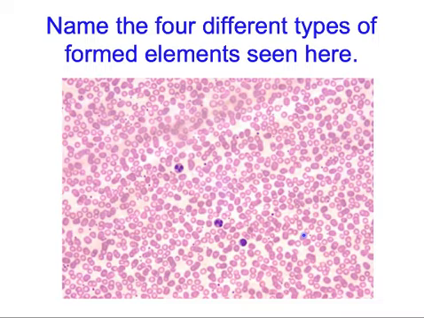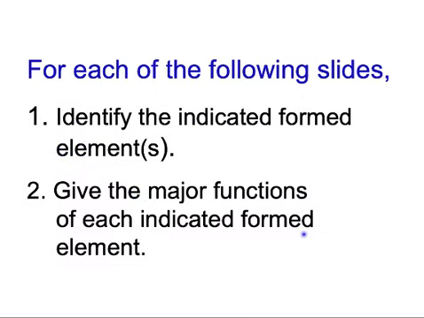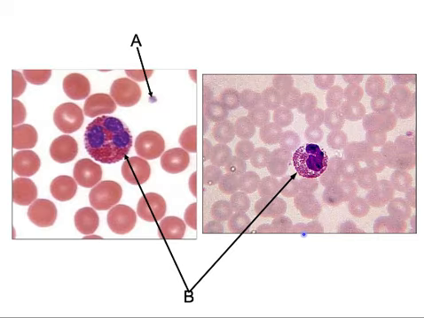So let's ID the cell and talk about what each of these types of cells do. So what's A? Well, A is a thrombocyte, also known as a platelet, and it's active in blood clotting.